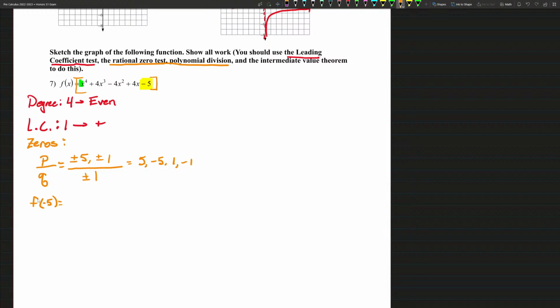So I'm just going to test negative 5. You could test other things. I also see that it goes through 1, but we're just going to test those just to make sure. So negative 5 to the 4th plus 4 times negative 5 cubed minus 4 times negative 5 squared plus 4 times negative 5 minus 5. When we do that on a calculator.